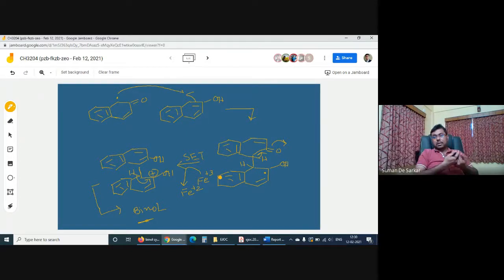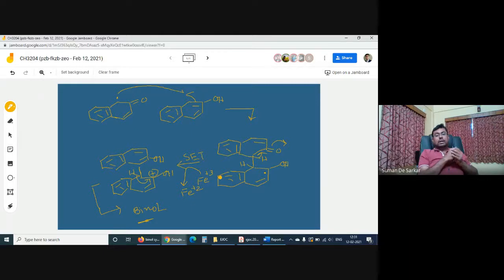Then what's happening? That's only possible if somehow we regenerate iron 3 from iron 2. So iron 3 goes to iron 2 by single electron transfer from beta naphthol, and we must regenerate that one by a backward reaction so that again it can do this single electron transfer.